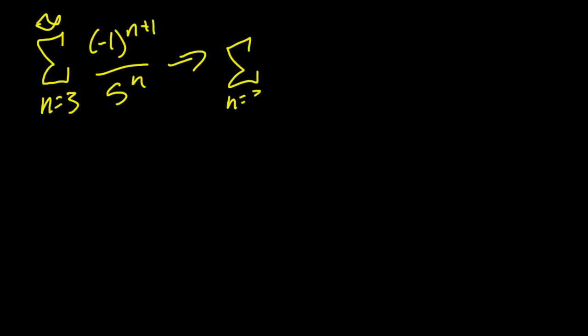We're going to take the sum of (-1) to the n plus 1 power over 5 to the n. Now again, this one sticks out to you like a sore thumb, because you're already seeing that (-1) to the n plus 1 criteria that we laid out. So we can separate this sum. This is the same thing as the sum from n equals 3 to infinity of (-1) to the n plus 1 power times 1 over 5 to the n.